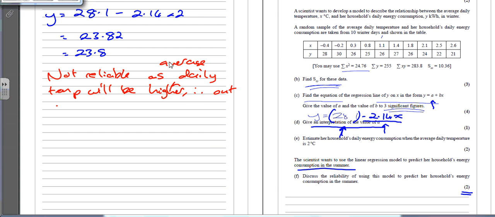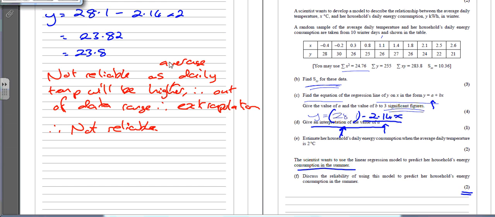Therefore, out of data range. Therefore, extrapolation. Therefore, not reliable. It's worth repeating, not reliable. And that's what you need to say. You need to say that it's not reliable, but justify why.